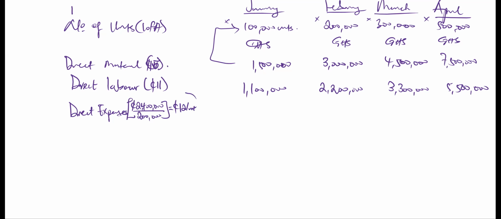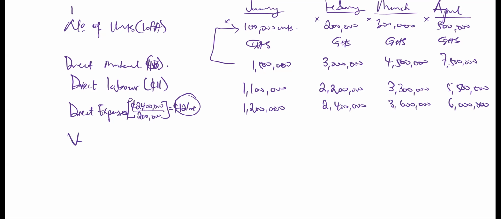Since it's per unit, we just multiply 12 by each level: 1.2 million, 2.4 million, 3.6 million, and 6 million. Are we on point? Yes.